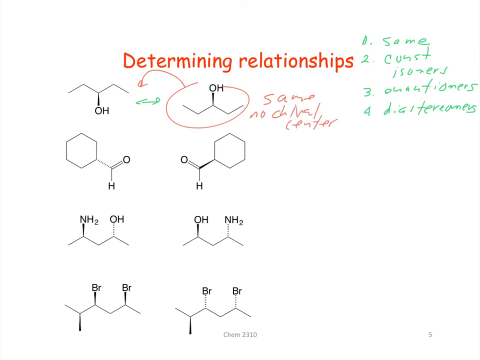All right? What about the next two? Okay, these are also the same. Right? There's no chiral center, and if we just flipped one over, it would lay right on top of the other one. Okay? What about the next pair?